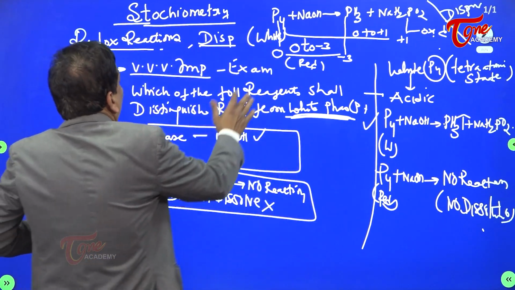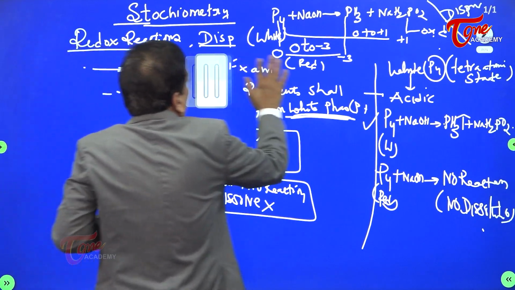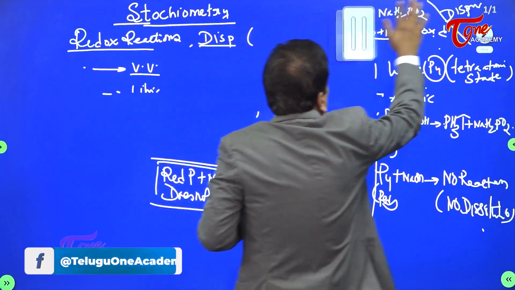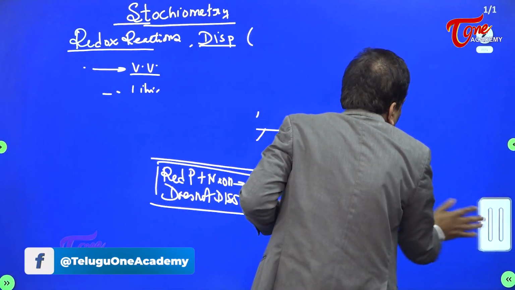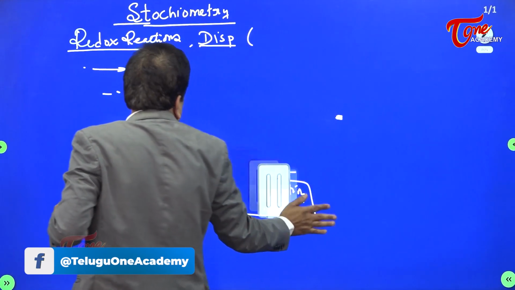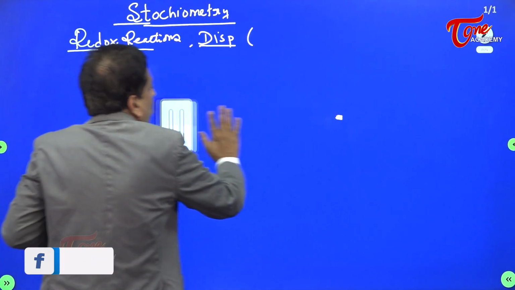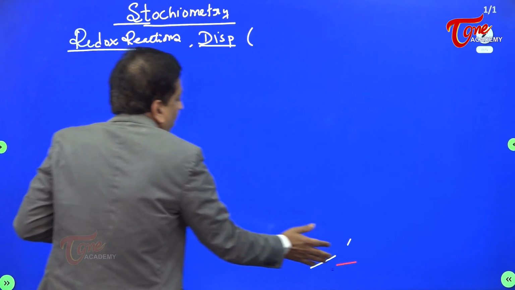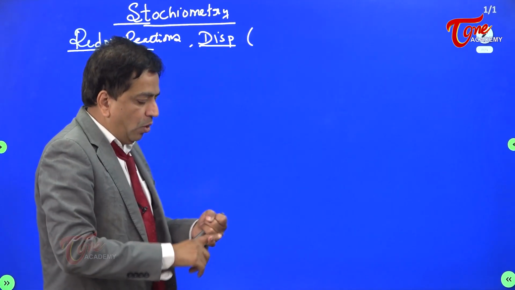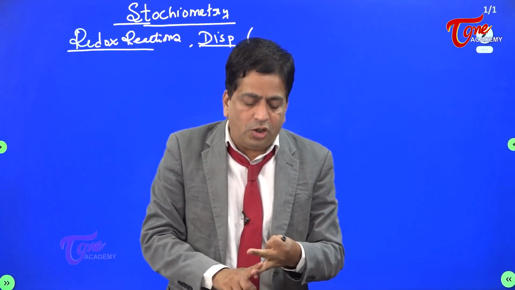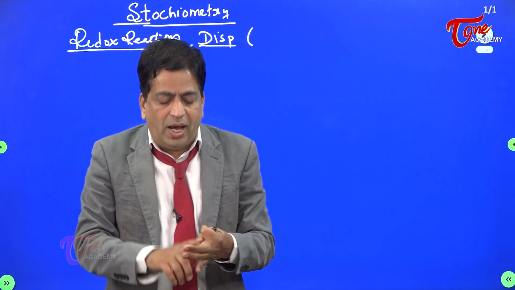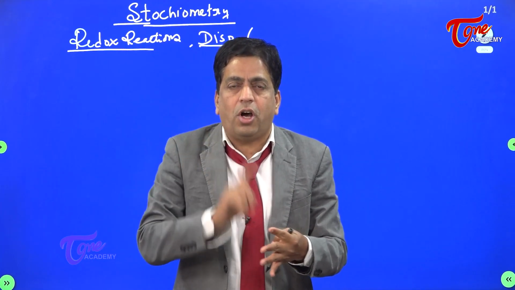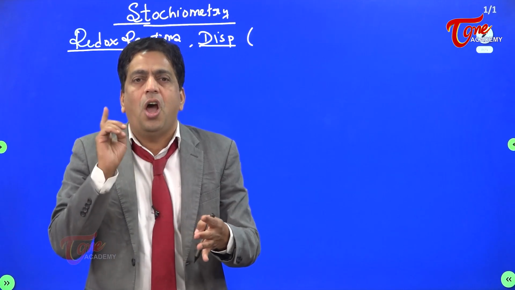Now let's go ahead. We have so many things in our hand in stoichiometry: the mole concept, concentration terms, percentages, molarities, normalities, redox reactions, disproportionations, oxidation numbers.